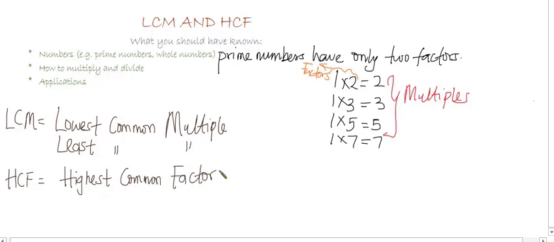So in finding the LCM of a list of numbers, we try to figure out a common multiple that is actually the least or smallest among them.